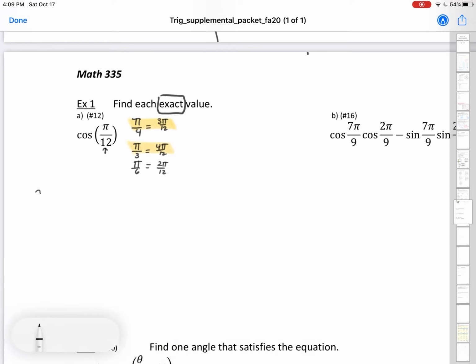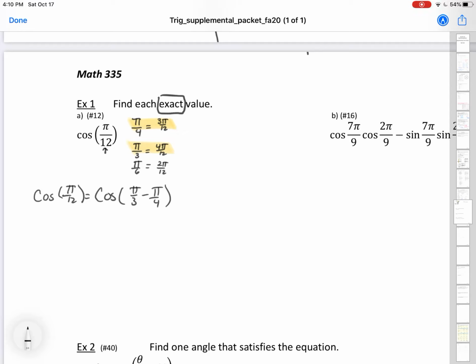So really, the cosine of pi over 12 is equal to the cosine of pi over 3 minus pi over 4. That's how we're going to do it. So my suggestion to you is to build them in such a way that they're related to angles that you know. That should be the hardest part.